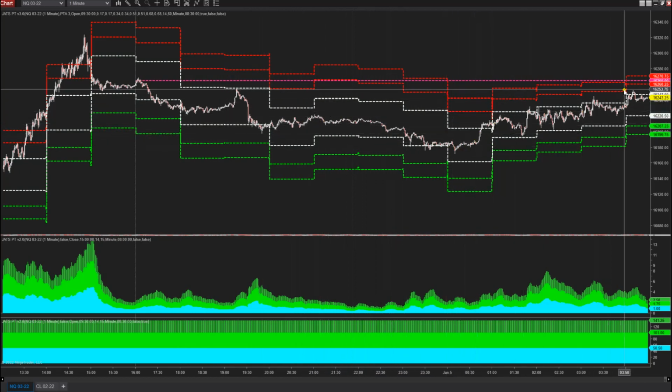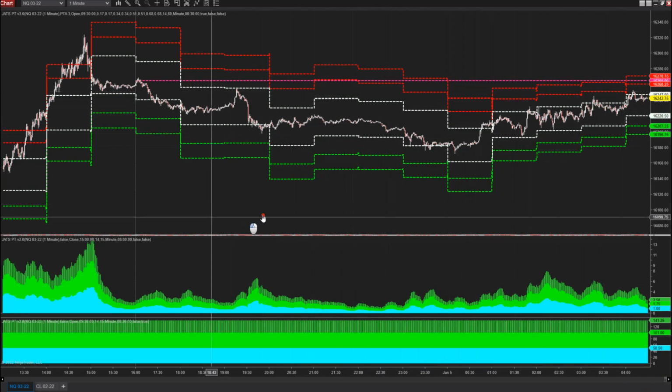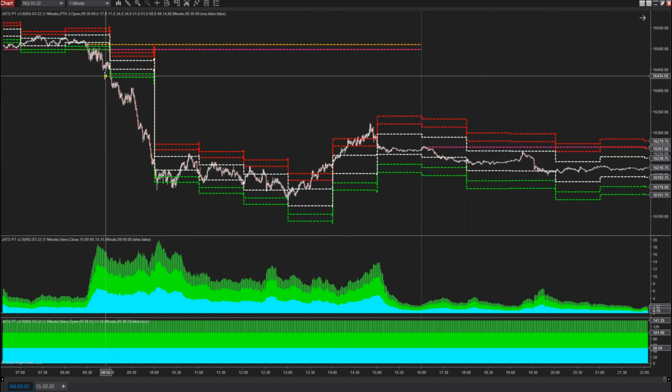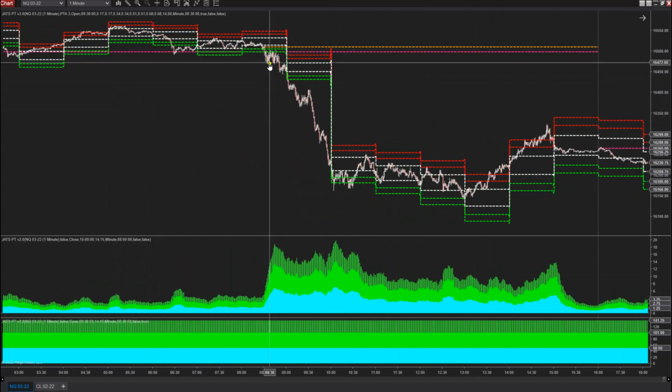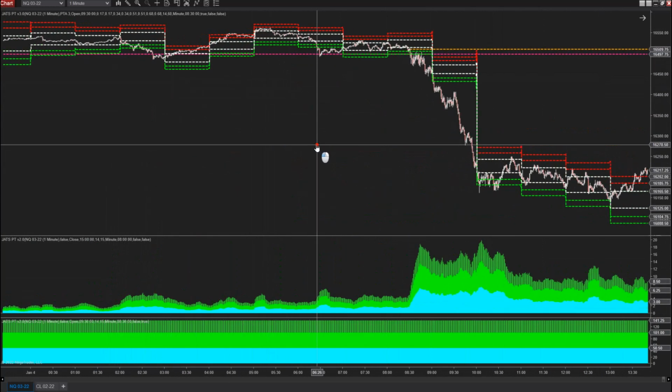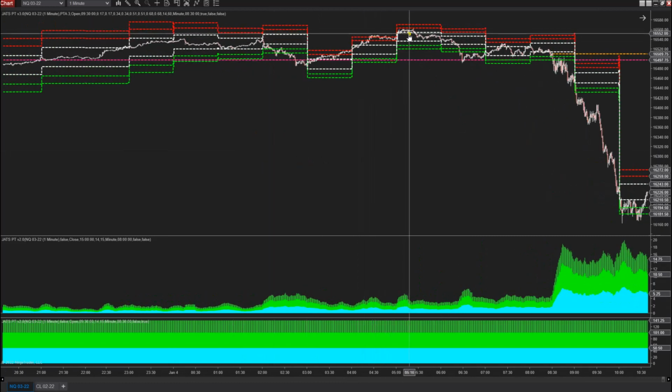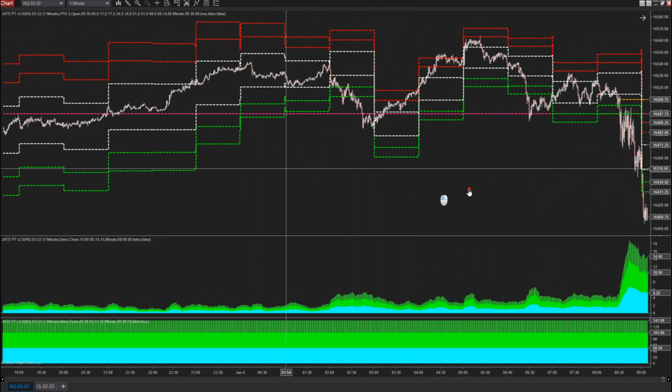It's when it gets outside of that and starts breaking ranges that you want to really start paying attention to, like right here. Big breakout. Big breakout. And so breakout or reversal places on the 60-minute ranges.